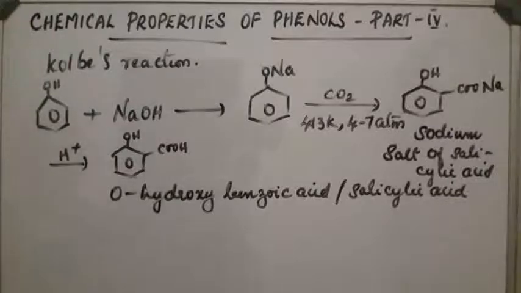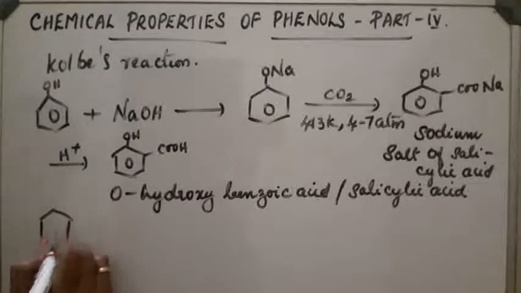From the salicylic acid, we can obtain aspirin, which is orthoacetoxybenzoic acid, or acetyl salicylic acid. How can we prepare it?